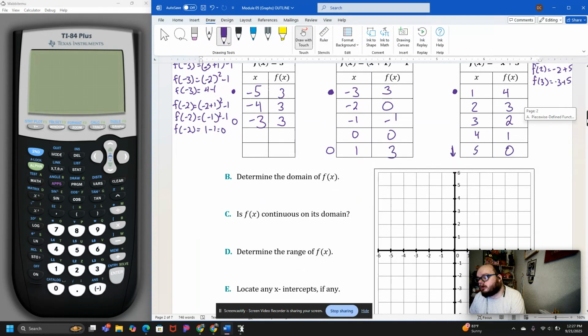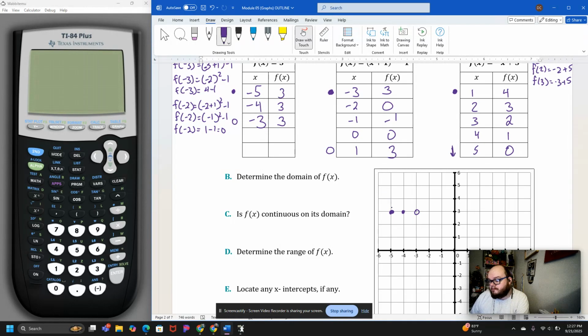Now, I need my tables of values in order to graph this. So I'm going to start with my friend over here on the edge. He's at -5 and 3, so I'm going to put a closed blob. Remember I said that that blob could be closed. Then I've got another point here, and I said that the -3 and 3 had to be an open circle, so I'm going to give that an open circle.